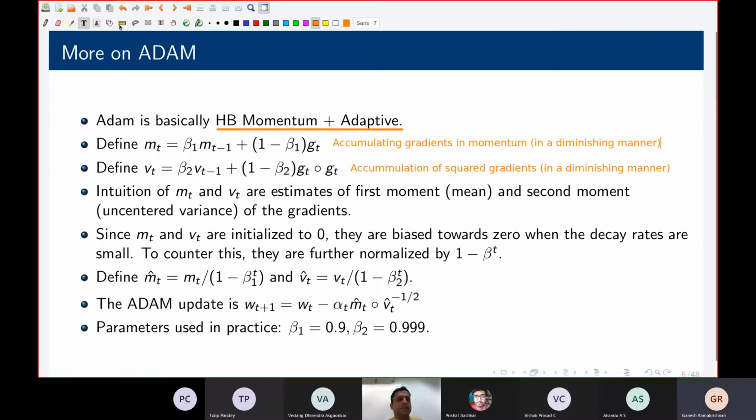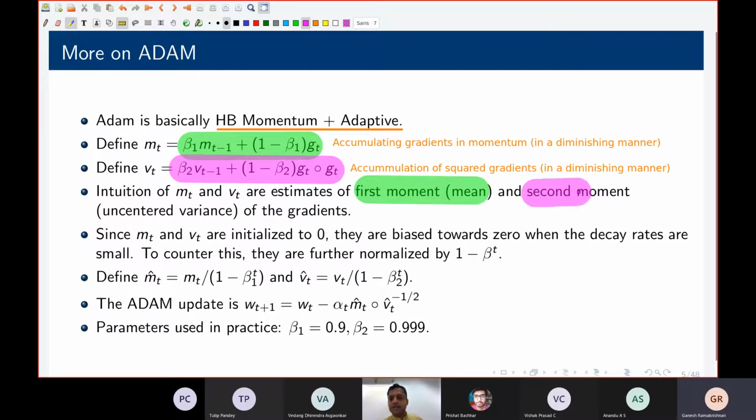Another interpretation is to think of the momentum itself as an accumulation of the first order moment, the first moment mean, whereas the squared gradients, where the adaptive nature came up, is related to the second, uncentered variance of the gradients.